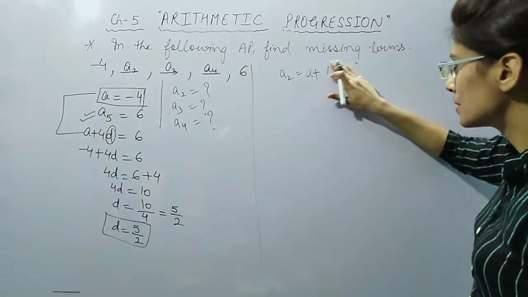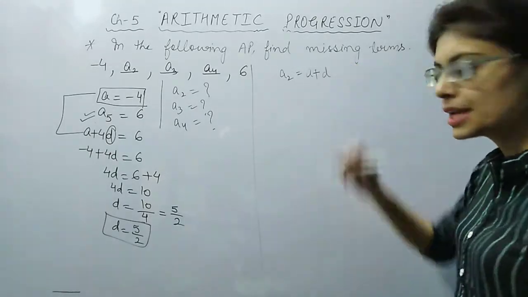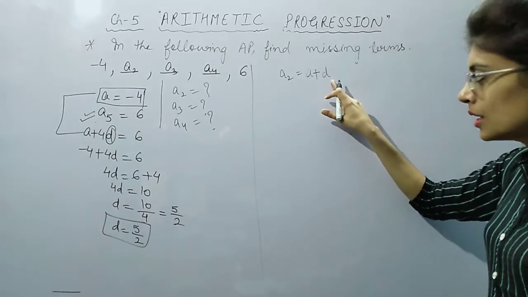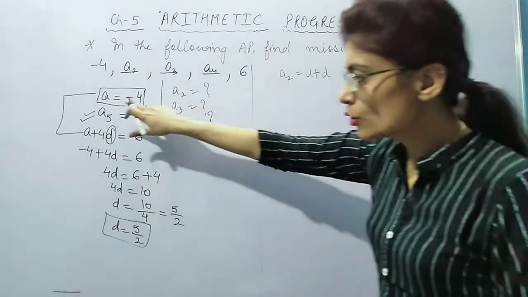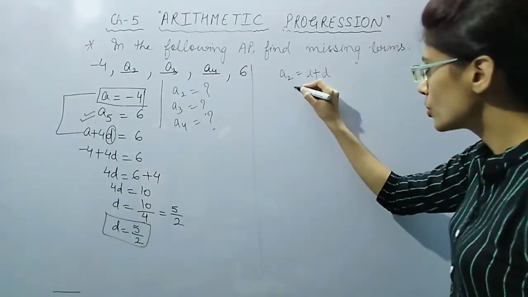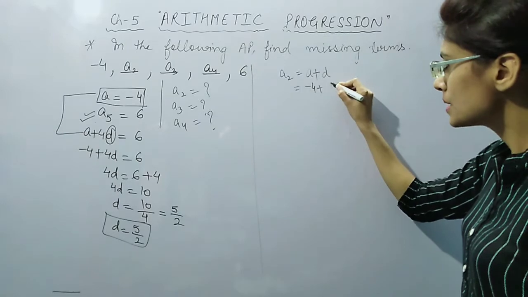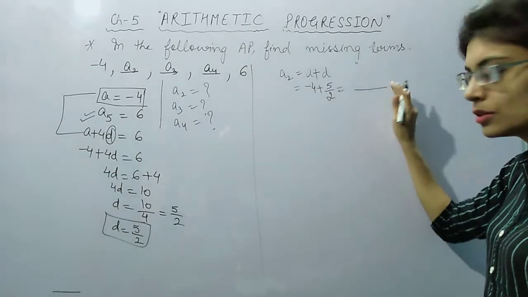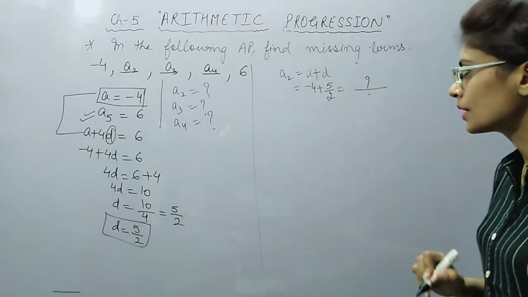But we never write 1. So I will write here 1d, meaning only d. A2 is equal to a plus d. Now we can see that the value of a is known and the value of d is also known. So putting the values, minus 4 plus 5 over 2. Now this is the calculation part. You can do it yourself, I think.